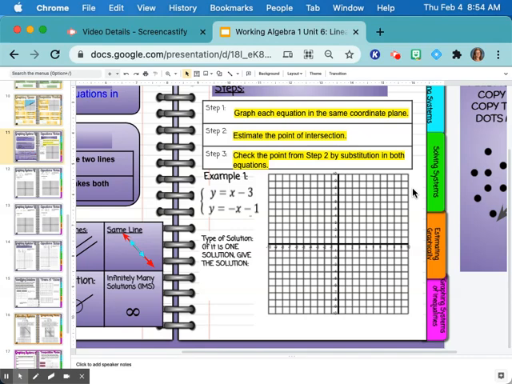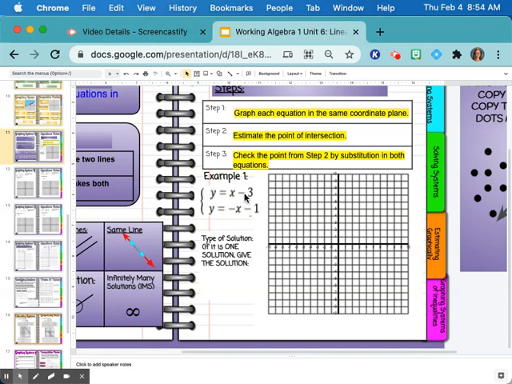And I'm going to teach you how to graph them also and find that point of intersection. All right, so we have two equations here on example 1. We are going to graph both of those on that coordinate grid and then find out where they intersect and then substitute in to make sure it is true.